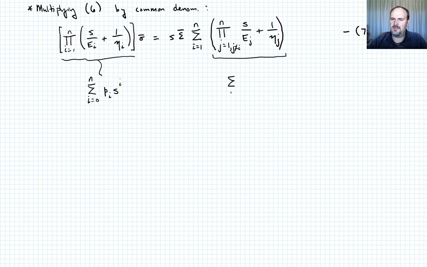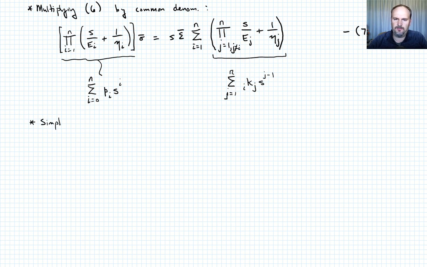So we can write that as the sum, from j equals 1 to n of k sub j times s to the j minus 1. And I'm going to put another subscript i on this, because this is a single polynomial and it is a new polynomial for each value of i. So we're actually summing a bunch of polynomials. So what we want to do now is simplify equation 7 to look like this.